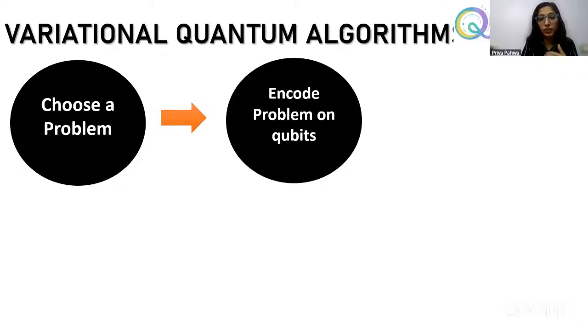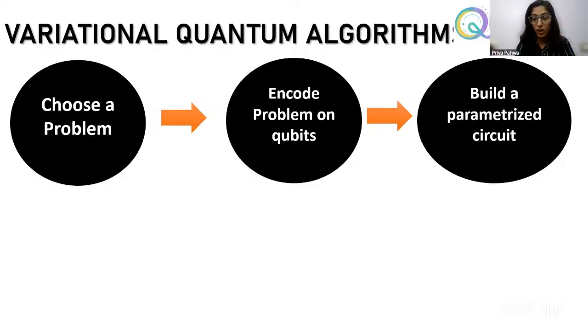We encode that problem on qubits. Basically, we find the Hamiltonian, as we aim to find the ground state energy of the hydrogen molecule. Then we build a parametrized circuit. By parametrized circuit, we mean a circuit which has less circuit depth and well optimized parameters in every sense.